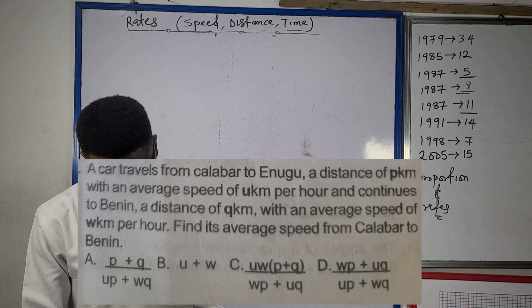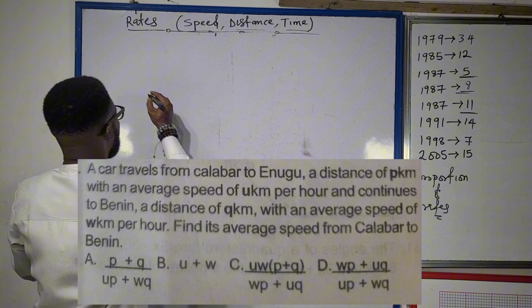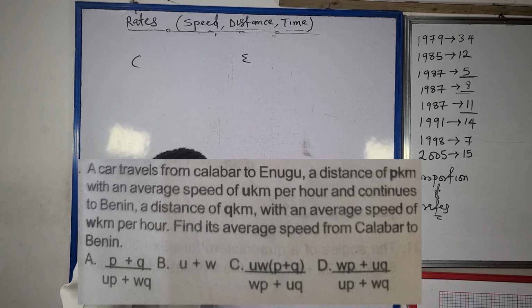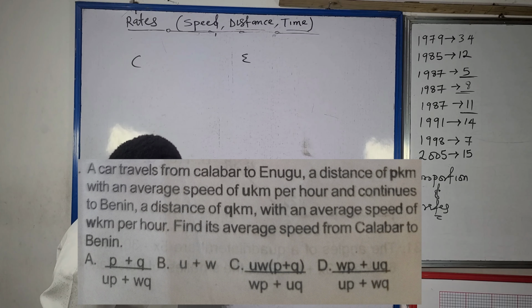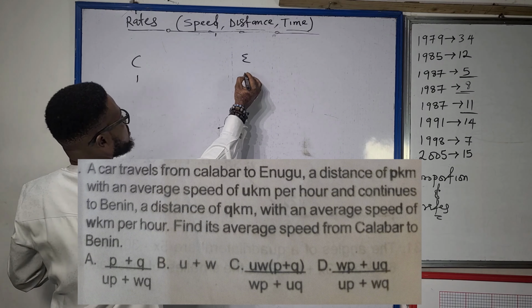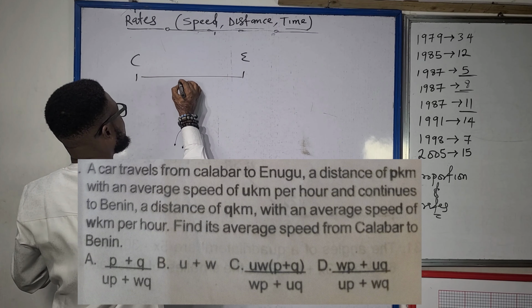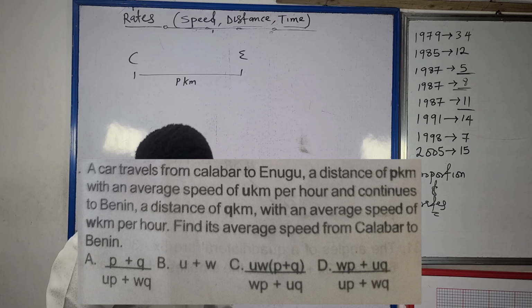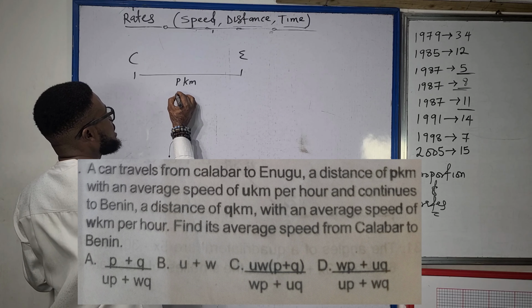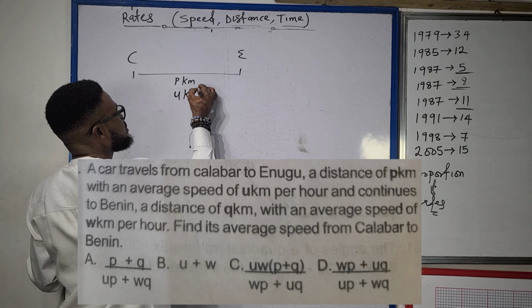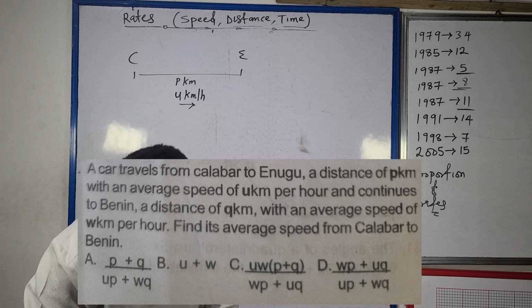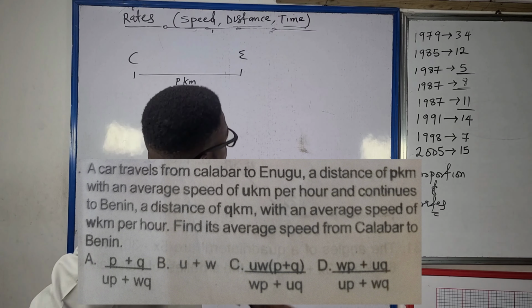You can see there a car travels from Calabar to Enugu, a distance of p kilometers. So it means the distance from here to here is actually p kilometers with an average speed of u kilometers per hour. So it had moved this way, okay, and continues to Benin.